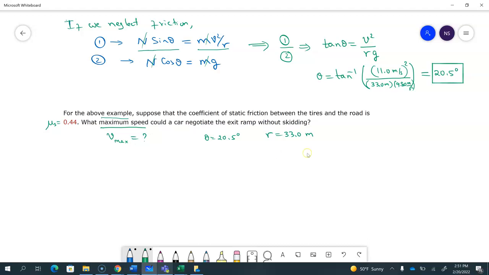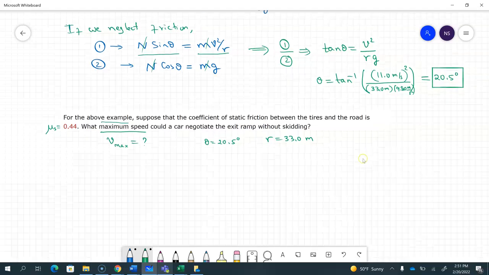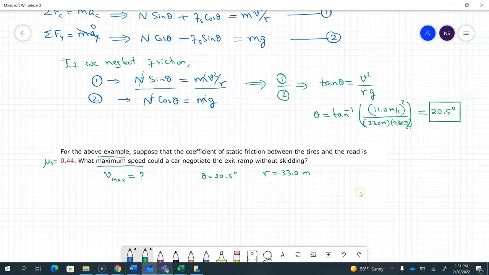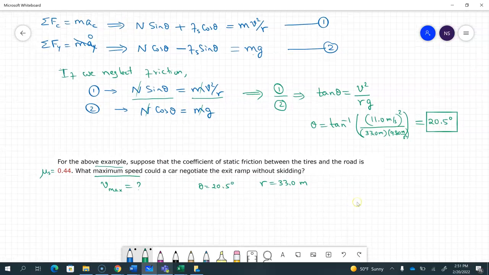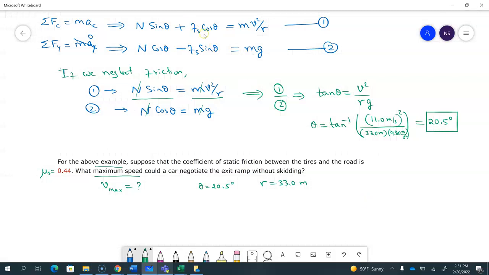Okay, so for this one, it's more realistic, right? So we are not neglecting friction. We are taking the friction into consideration, and we have our equations already here, right? Equations 1 and 2. But as you can see from equation 1, if you're trying to go faster, if V gets larger, you would expect the friction to get bigger, but the friction can only get up to a certain maximum value, right?